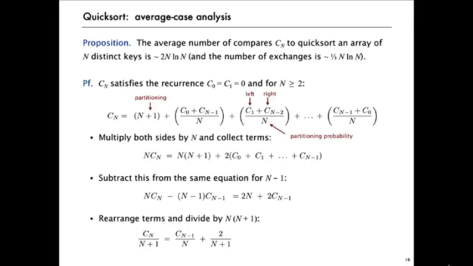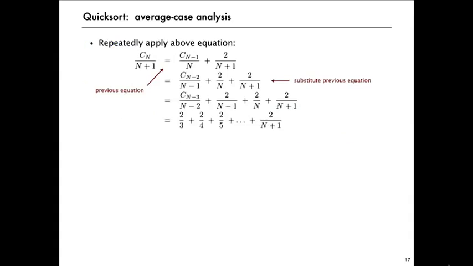Rearrange the terms. So we get (n plus 1) C_(n minus 1), and then divide by n times n plus 1. That's a kind of a magic step, but we'll see that it makes it possible to solve the equation easily. Because that equation with C_n over n plus 1 equals C_(n minus 1) over n is an equation that telescopes.